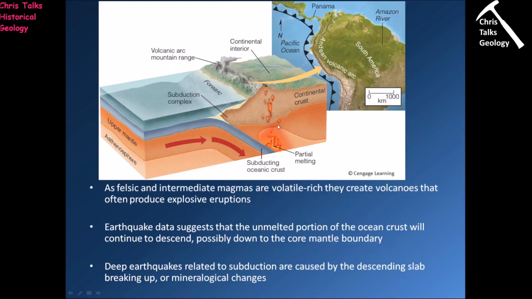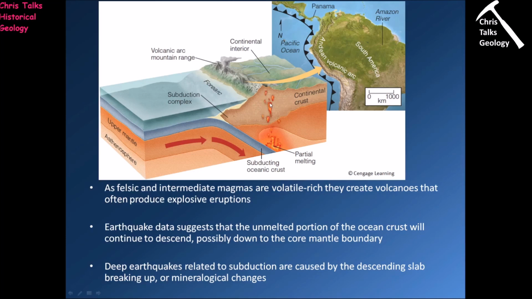That means as the mafic magma pools here, it's going to start melting the continental crust, forming a felsic and intermediate magma. This felsic intermediate magma is what's going to rise towards the surface, feed the volcanoes, and produce these large intrusions.